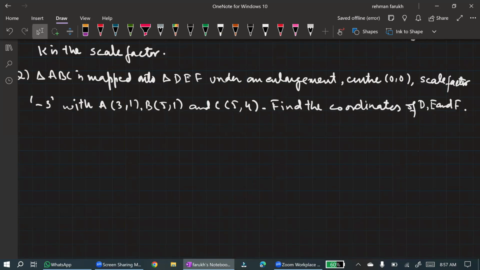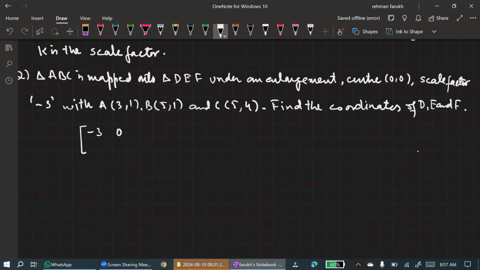Now, as the center is 0, 0, we will use the matrix to find out the images, and we will pre-multiply the matrix. The matrix is k 0, 0 k, that is minus 3 0, 0 minus 3. Now we will write down the coordinates of A, B, and C in the next matrix: 3 1, 5 1, and 5 4.